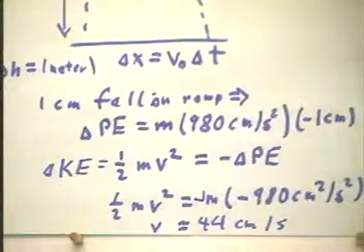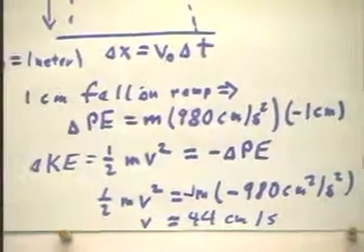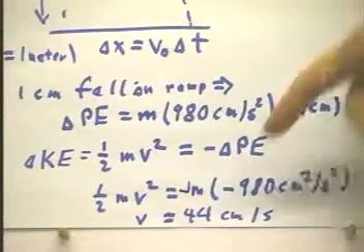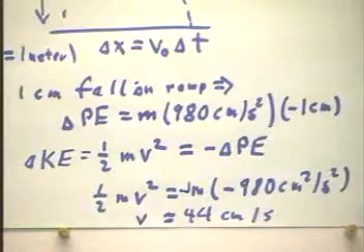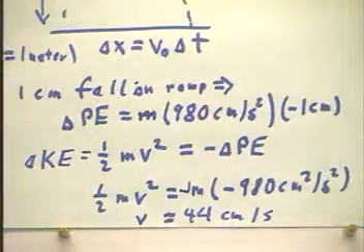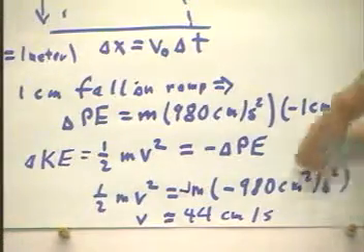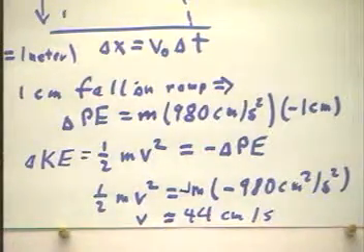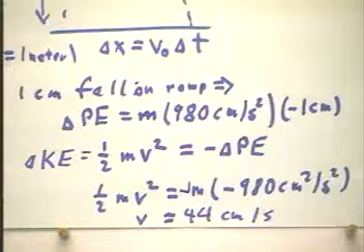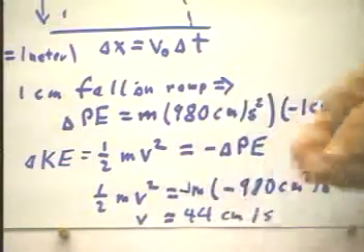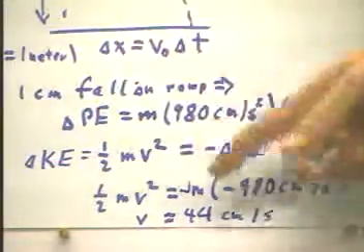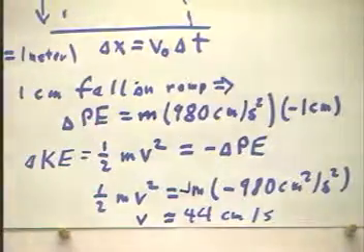The background slipped, but this is supposed to be a minus sign in front of the m. So we have the negative of the change in potential energy. The negative change is of course going to be positive, and then we set 1/2 mv squared equal to that. We can easily solve for v, and for the 1 centimeter fall, we obtain 44 centimeters per second.